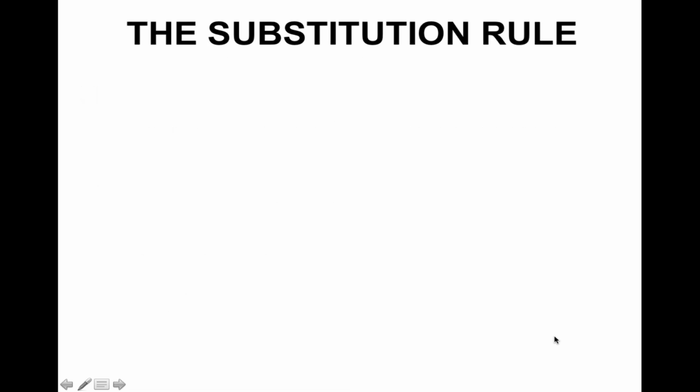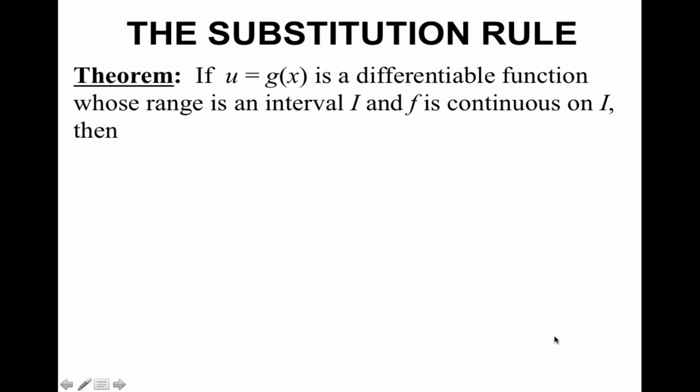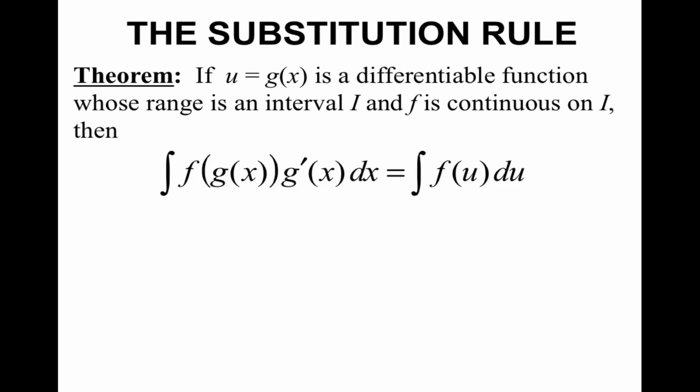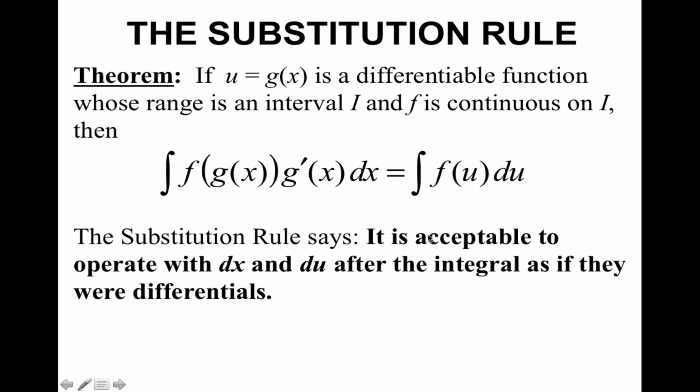So this leads to the substitution rule, and the theorem says if u equals g of x is a differentiable function whose range is in some interval I and f is continuous on I, then the integral of f of g of x times the derivative of g of x dx is equal to the integral of f of u du. Notice how we went from in terms of x to in terms of u. The substitution rule says that it is acceptable to operate with dx and du after the integral as if they were differentials.